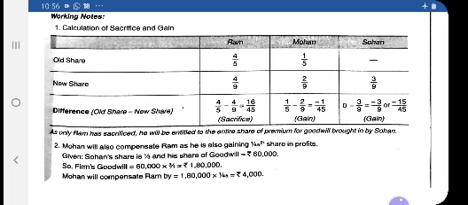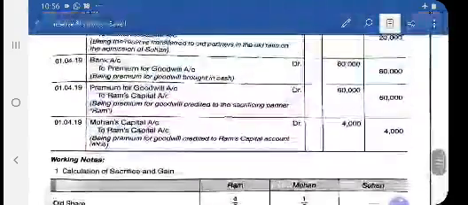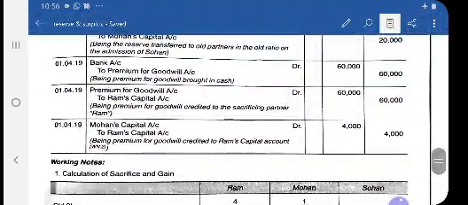And his gaining proportion is 1/45. Then Mohan will compensate Ram, because Mohan is a gaining partner and Ram is a sacrificing partner. Then 1/45th share of 1,80,000 is 4,000. So this 4,000 is compensated by Mohan to Ram. That is why this entry is passed: Mohan's capital account debit to Ram's capital account.